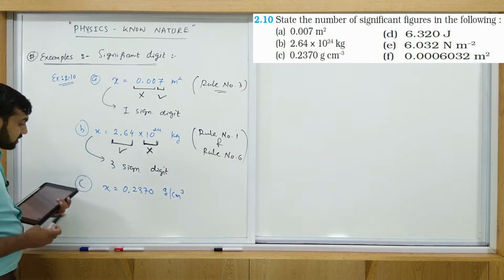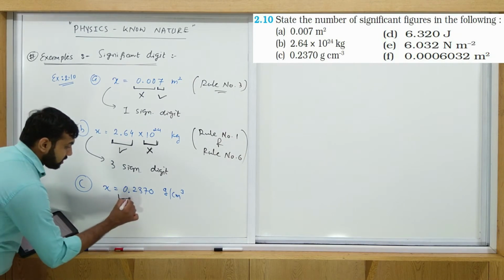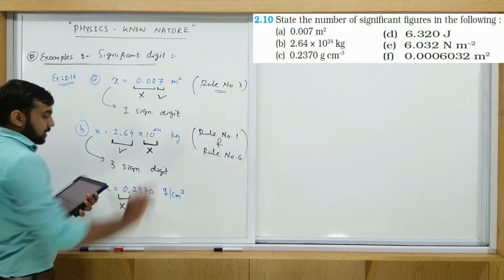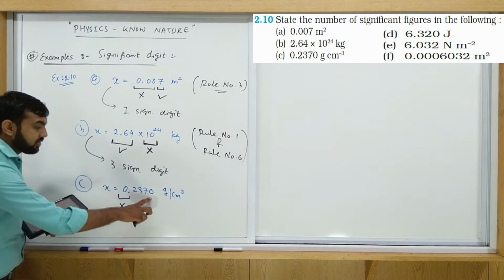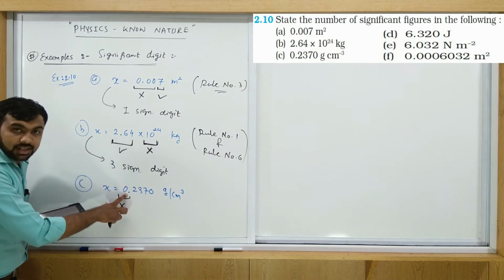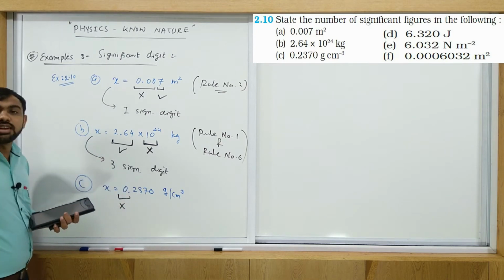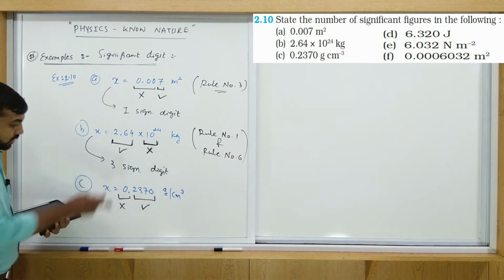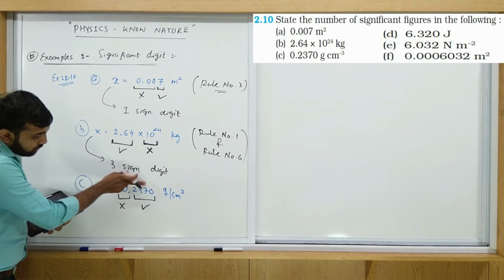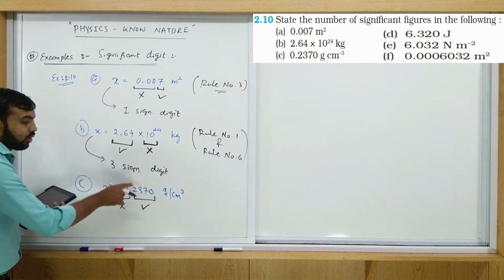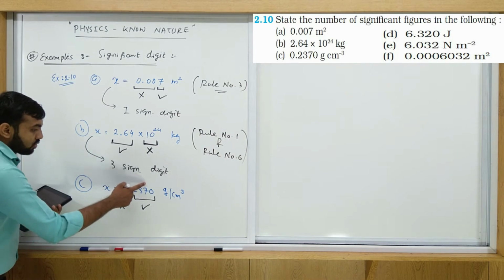So this 0 is not significant. Same rule, this one, rule number 3. And this 0 is significant. Which rule? If a decimal is present, the right hand side 0 is counted as significant, so all are counted as significant. Out of these 5 digits, this 0 is not significant and all the others are significant, means 1 2 3 4.